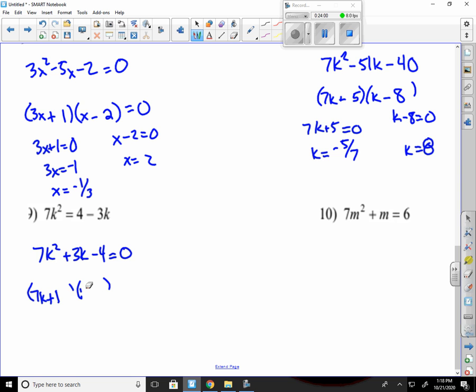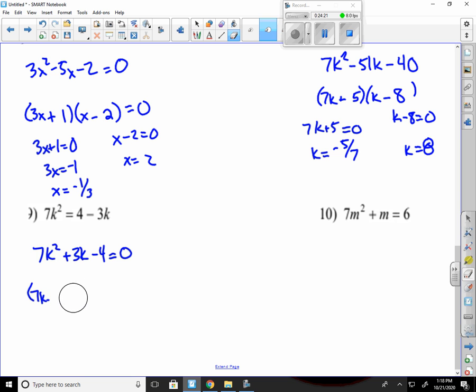So it's got to be 1 and 4. Seven times negative 4 is negative 28. That's not anywhere near 3. Plus 1 is not good either.